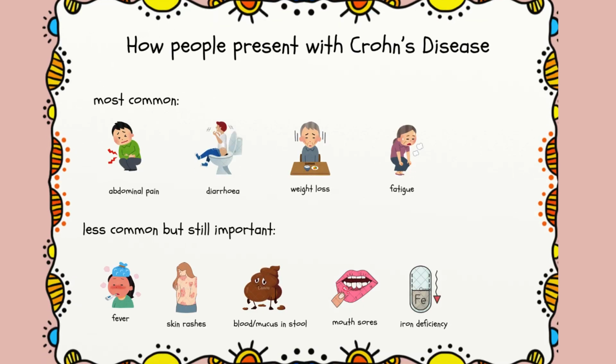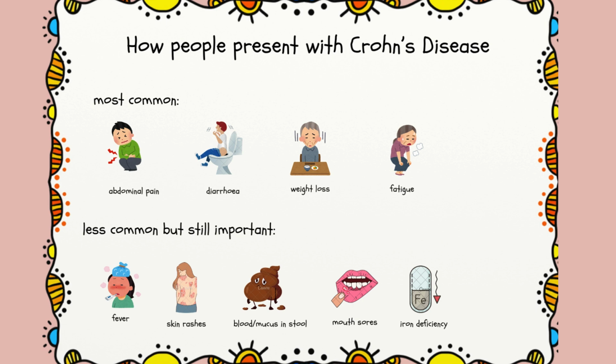What are the signs and symptoms people can present with Crohn's disease? Well, some symptoms are more prevalent than others, such as abdominal cramping, frequent diarrhea, and weight loss. People may feel fatigued.